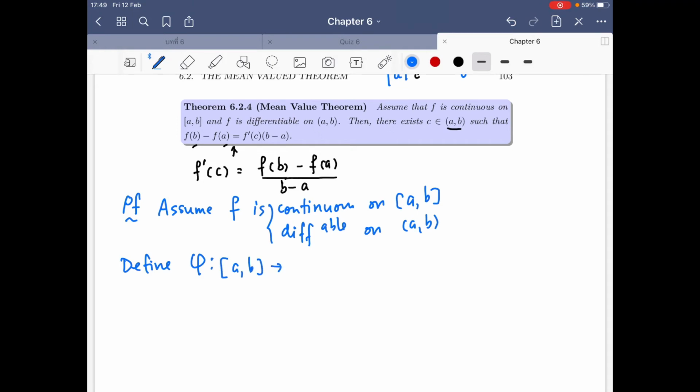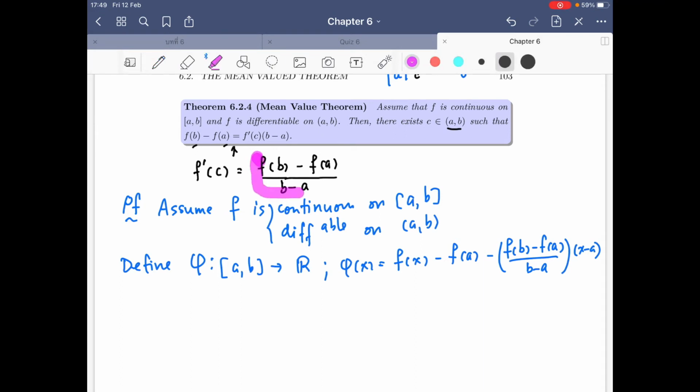So it is from the closed interval [a, b] to R, so that phi of x equals f of x minus f of a, and then minus (f(b) minus f(a)) over (b minus a) multiplied by (x minus a). So this part is actually the one that you need here, and then the rest we just attached so that this phi will satisfy the Rolle theorem.